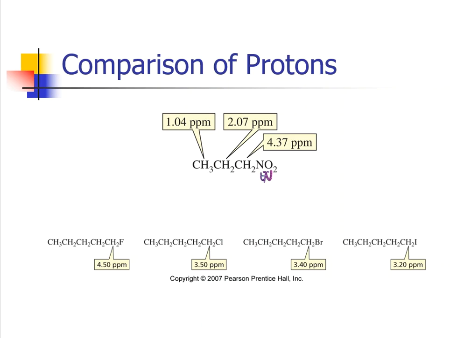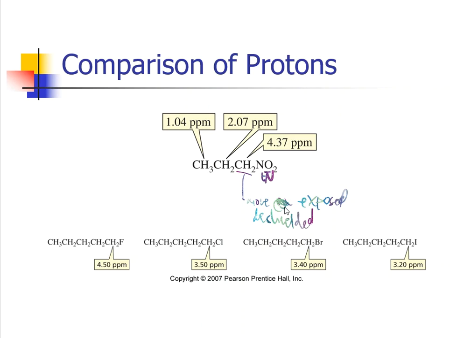So the hydrogens that are closest to those electronegative atoms, these are going to be more exposed. Because they're more exposed, they are more deshielded.